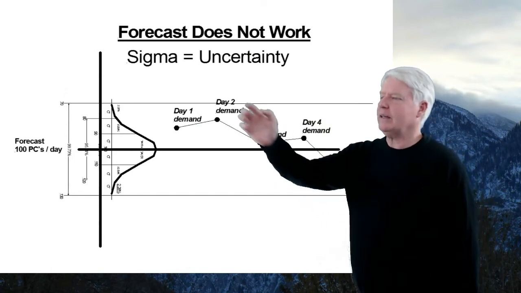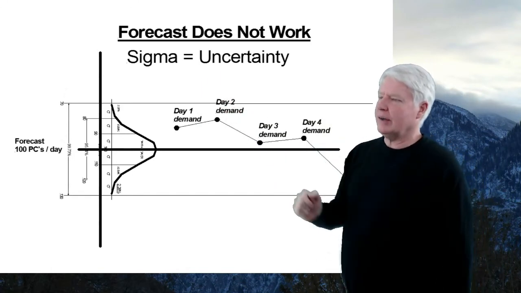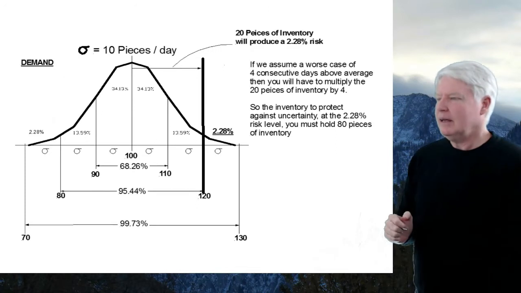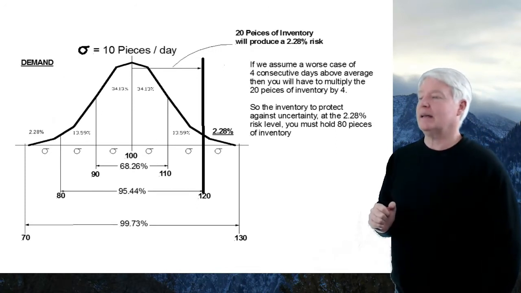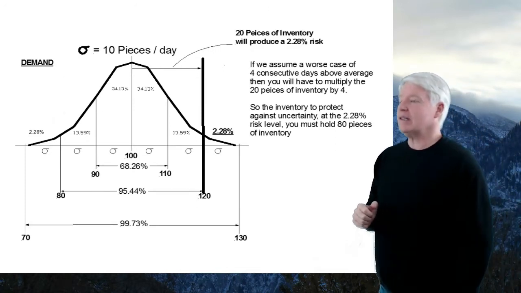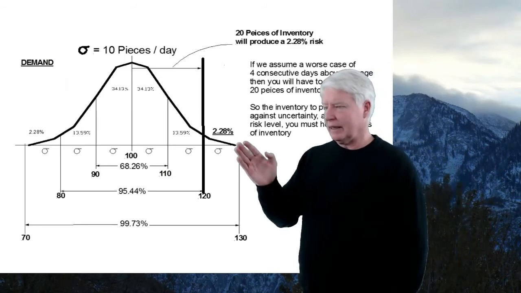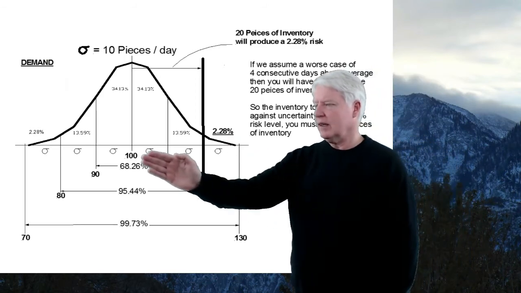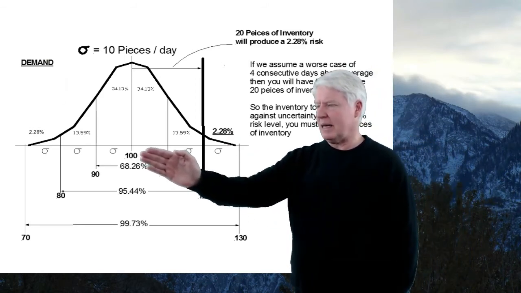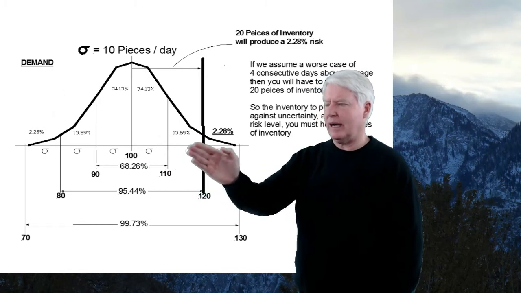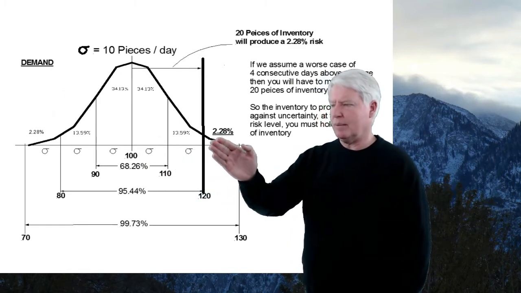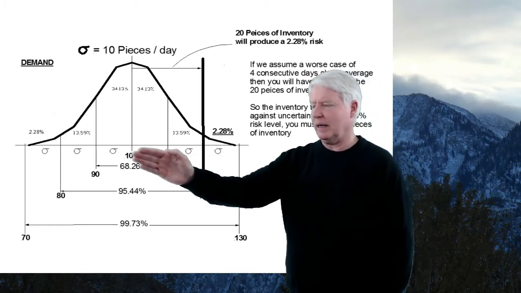We oftentimes call sigma uncertainty, especially when we're talking about demand and variability. So let's go back and say I'm willing to take a 2.28% risk. I'm currently getting 100 pieces per day. But how many more pieces do I need to do 2.28%? We call it safety stock, by the way.